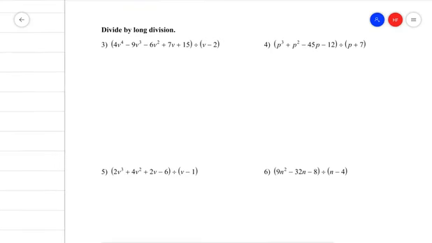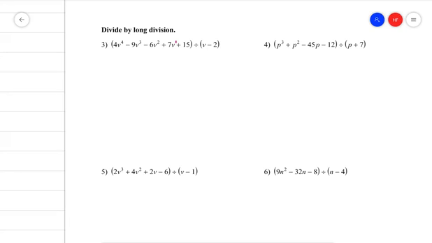We are only going to be doing the odd numbers, so that way you have the evens to do as review. So for the next section, it says divide by long division. So when we have long division, the first thing we want to do is check, are all my powers there? So 4, 3, then 2, then a power of 1, and then a constant, which is a power of 0.